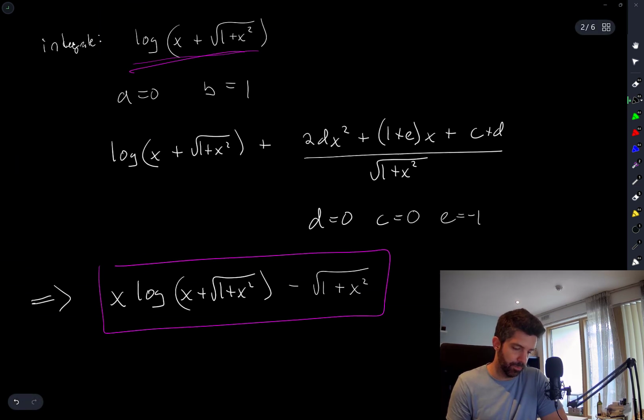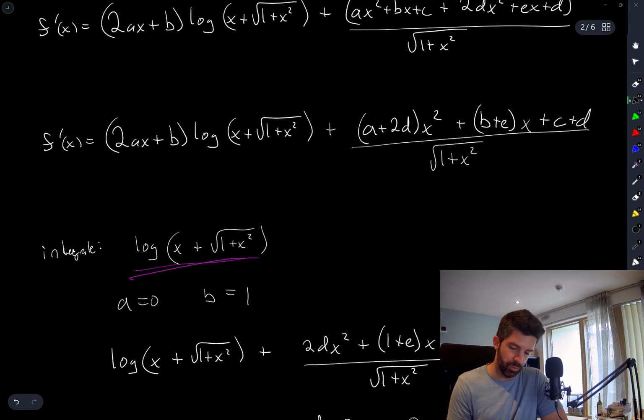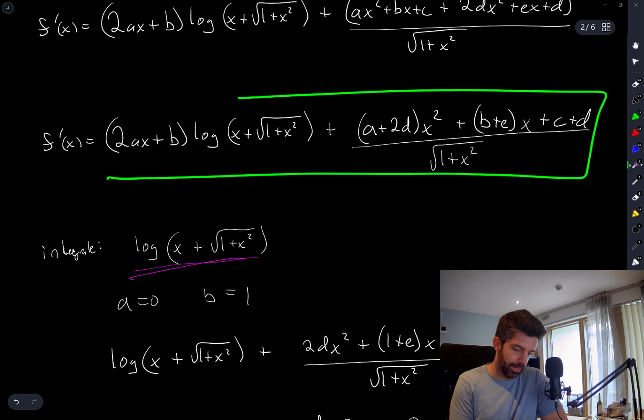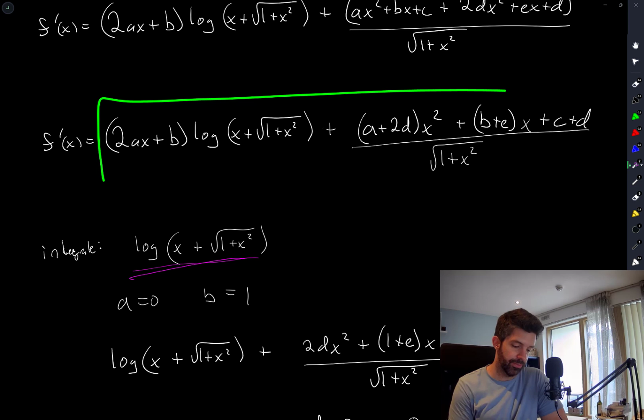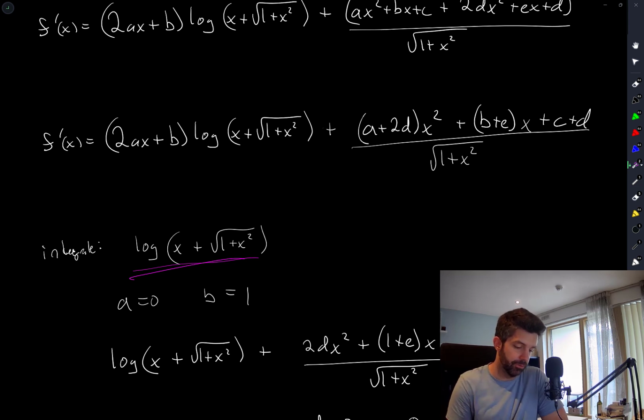So again, I'm going to go back to our general derivative here, and I want to choose the values of the constants such that this is equal to the function we want. In this case, I need a to be equal to 1/2 and b to be equal to 0.